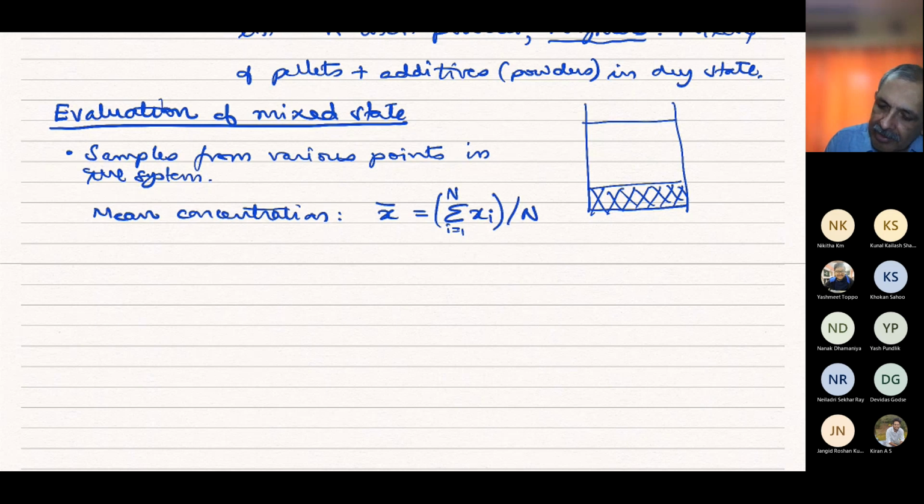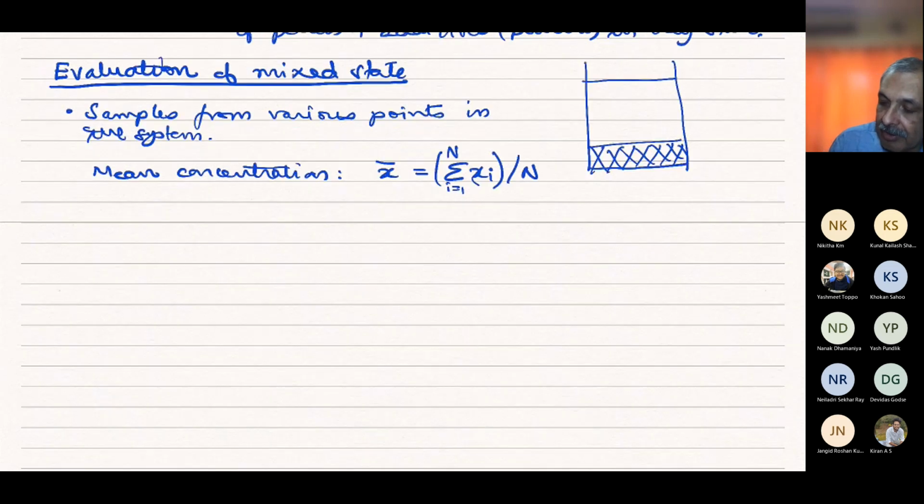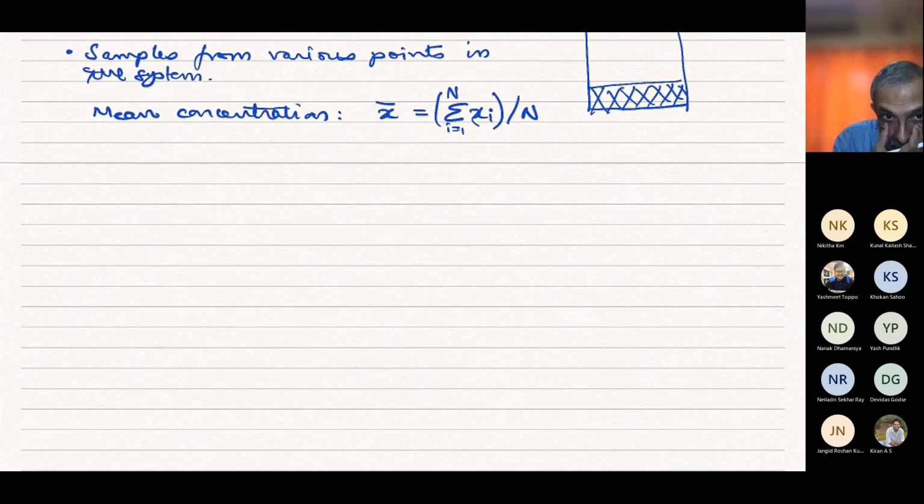So you have taken n samples, and each sample has a concentration xi. So if you take the mean value, then it will give you the mean value of the concentration.